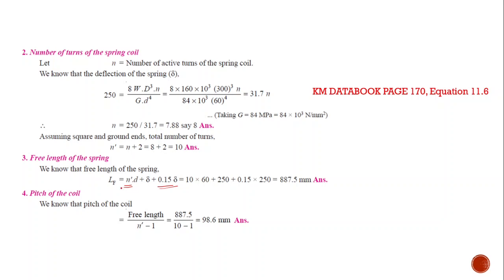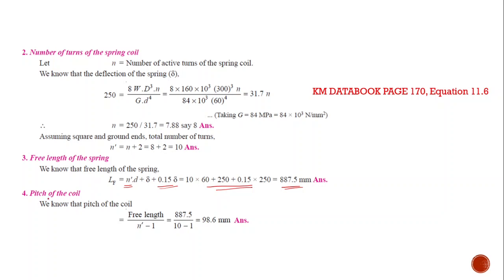That must be equal to the free length of the spring. Then we can calculate the free length as 887.5 mm. This is the free length of the spring.